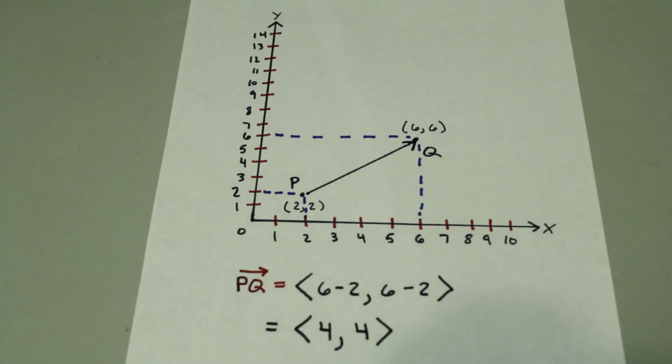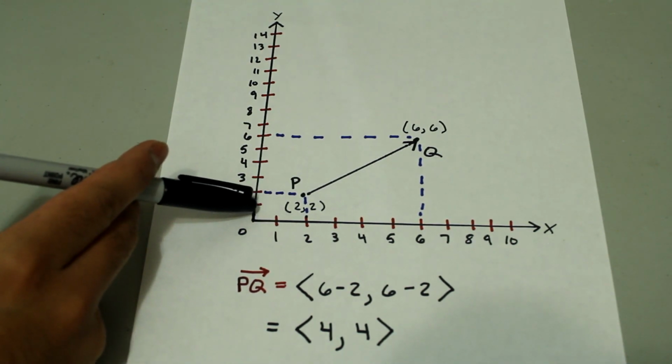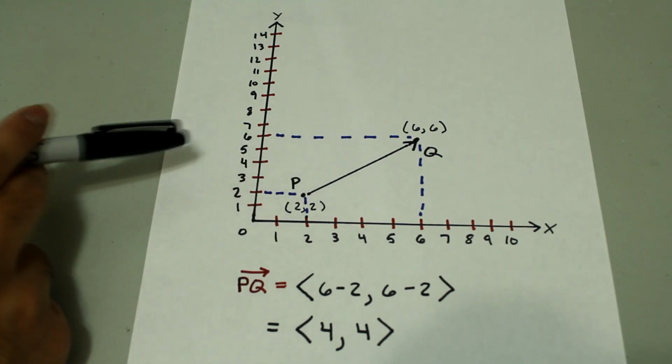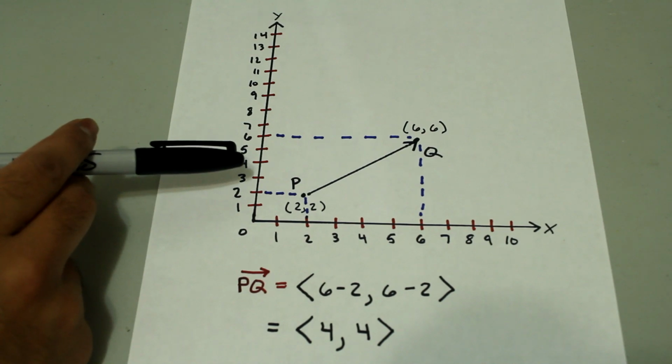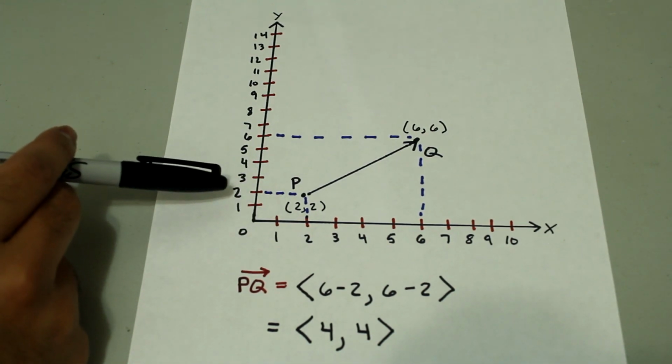Let's stop and think what the x and y coordinates of the points really tell us. Well, the x coordinate of positive 2 over here tells us that the point P is 2 units to the right of the origin. And the y coordinate tells us that the point is 2 units above the origin.